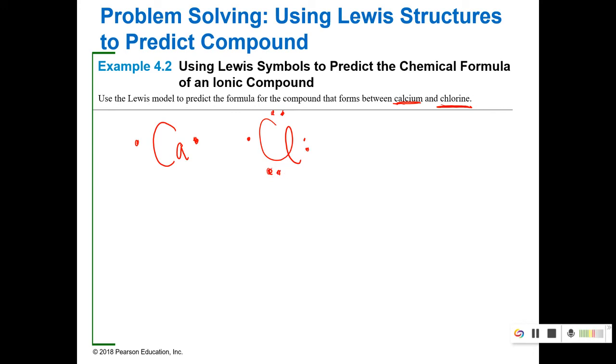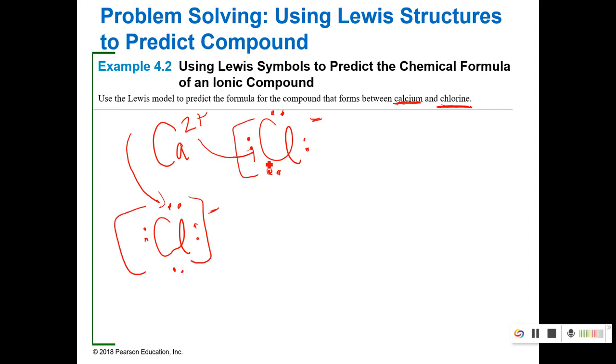So in order for everything to have 8, calcium is going to have to give 1 to chlorine. But then you're going to need another chlorine to accept the other one. So when that happens, you've now got calcium 2 plus, and the chlorines gained an electron, so now they're negative.